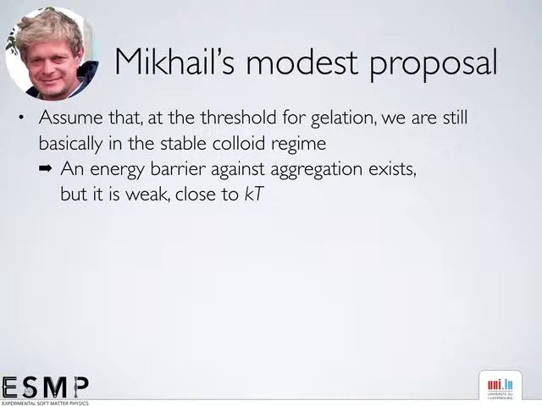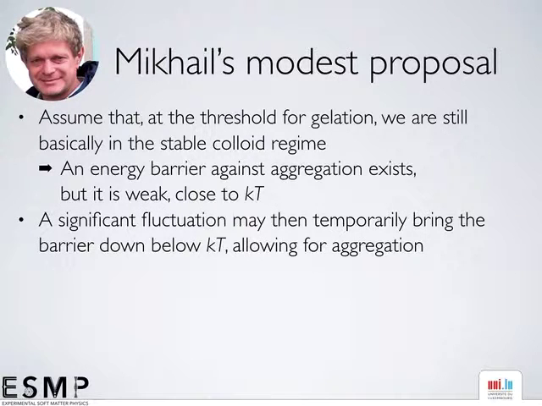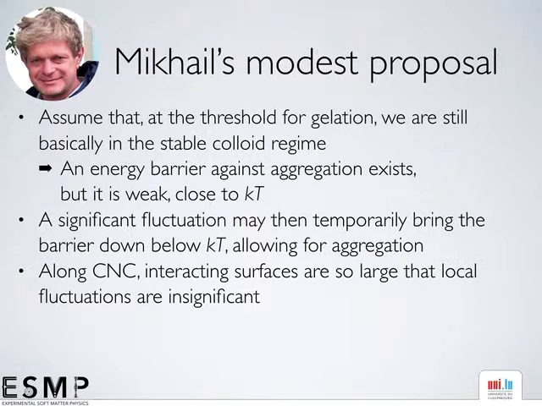And the idea is basically that where gelation is happening, we are still in a DLVO regime, if you like, where you have a barrier against aggregation, but it is weak. It's on the order of kT. So if you would have a slight fluctuation, that could temporarily bring down the barrier to such an extent that the nanorods may aggregate. And once that happens, of course, that's permanent, or at least until you do something mechanically to it. And the question is then, why would this happen?